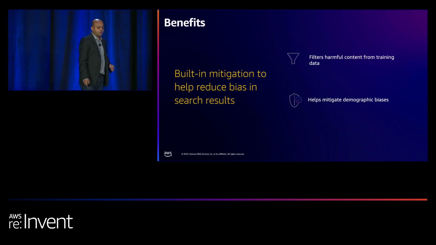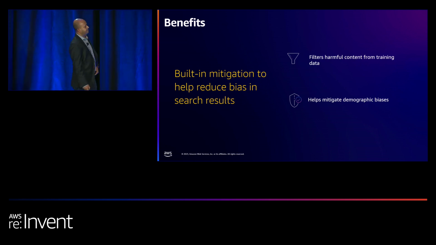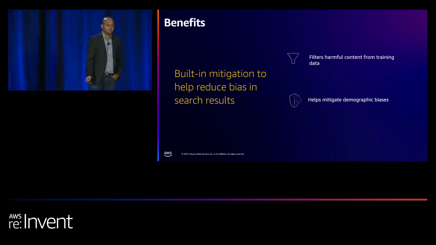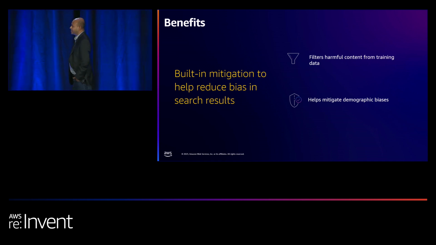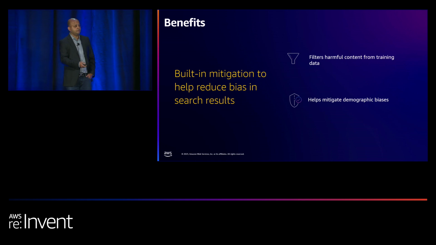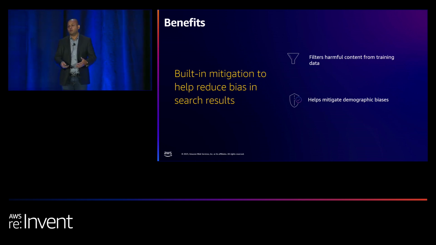The third benefit is responsible AI. We filter harmful content from the training data for this model, and we help to mitigate demographic biases, especially if you have a lot of images containing people, and you don't want search results that only represent a specific skin tone, gender, or other types of stereotype biases that we see in the real world.